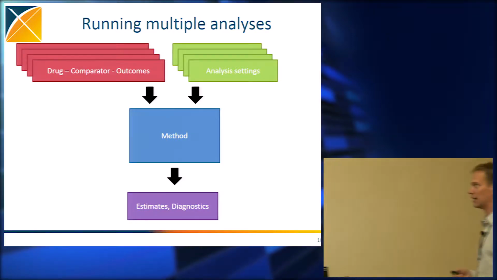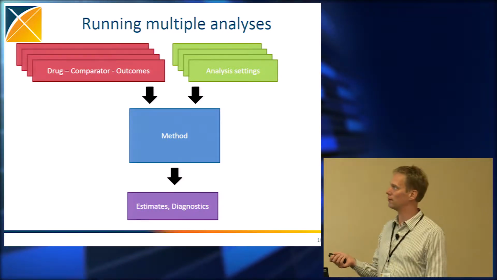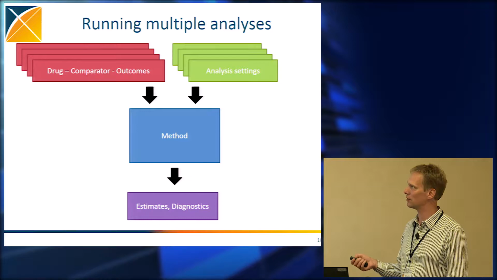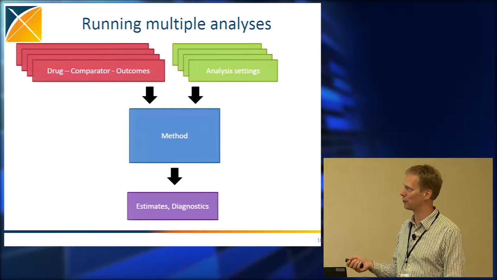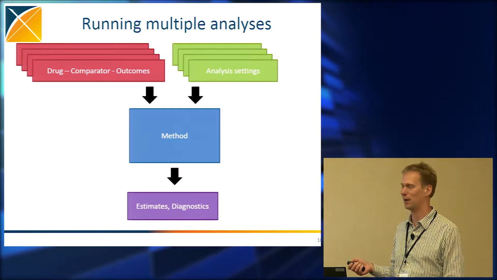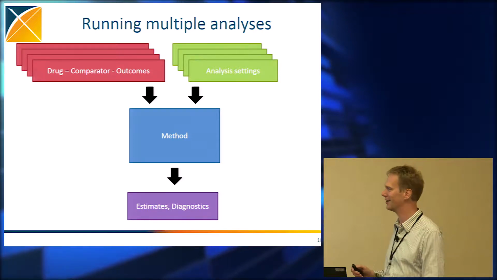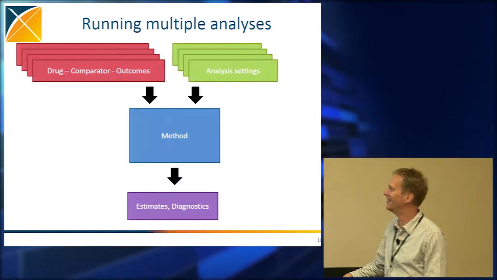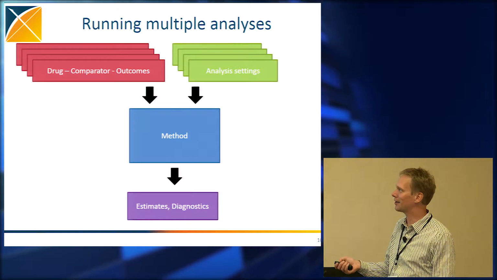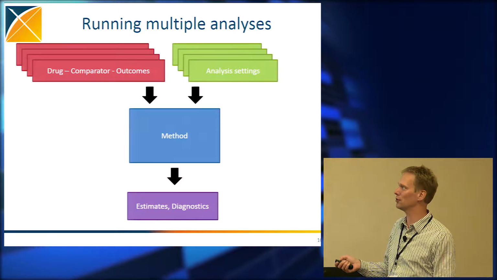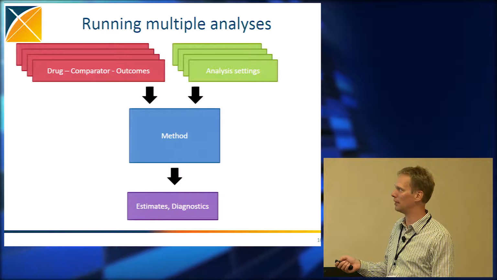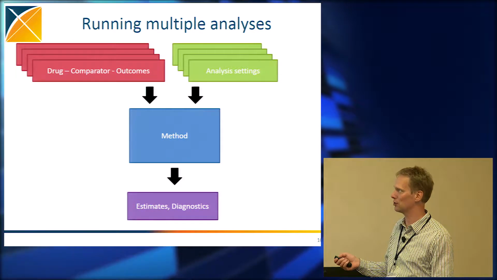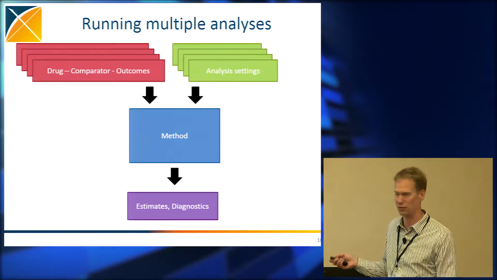Basically, the idea is that you define a set of TCOs, and for historical reasons, it's sometimes still referred to as a drug comparator outcome pair, but we'll need to fix that at one point. So you can define multiple of those, and it's actually one T, one C, and multiple O's in one of those sets, as I'll show later on.